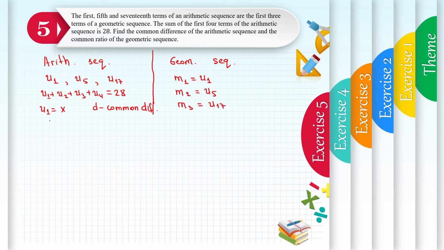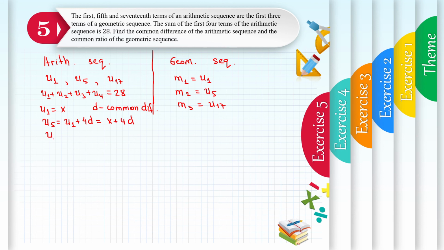Because d is the common difference and x is the first term, this means that u sub 5, the fifth term, being equal to the first term plus 4 times the common difference, gives us x plus 4d.